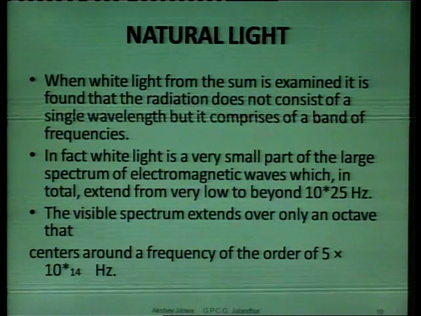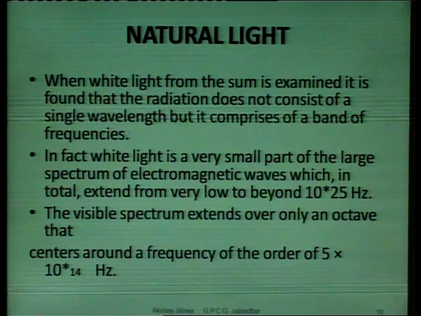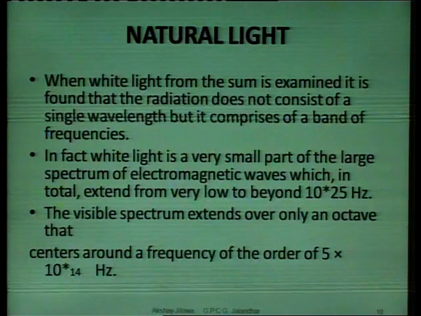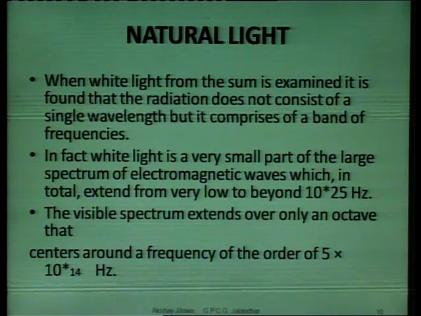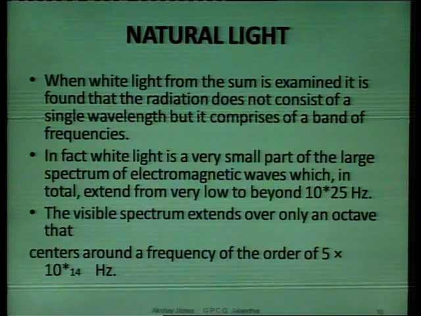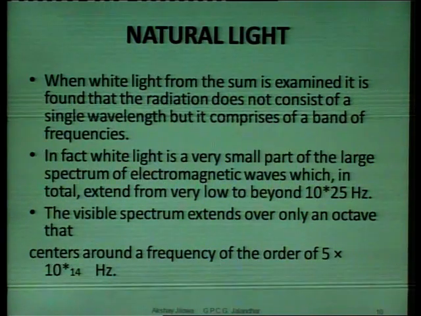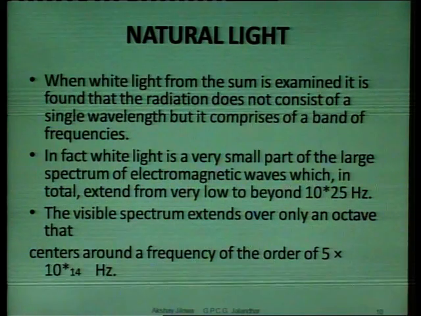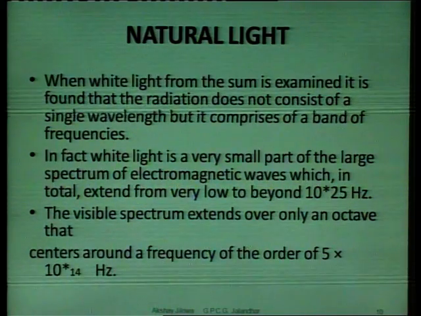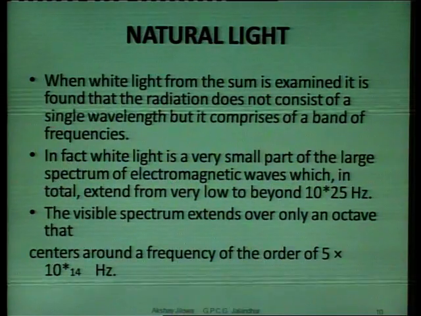The visible spectrum extends over only an octave, the rest we can't see, it is out of the range of human visibility, centered around a frequency of the order of 5 into 10 raised to power 14 hertz.